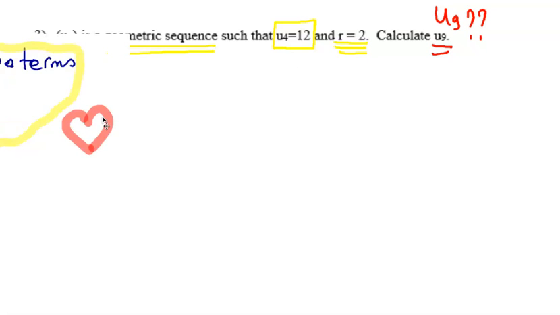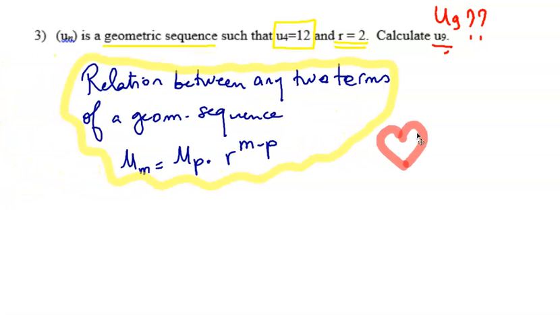The formula is the following. The relation between any two terms of a geometric sequence is um equal to up times r to the exponent m minus p. Then u9 is equal to u4 times r to the exponent 9 minus 4.